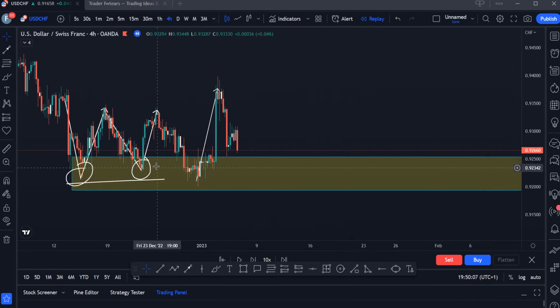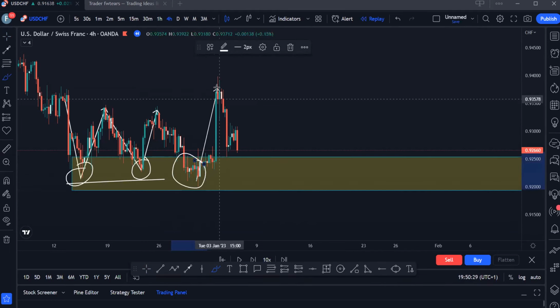You want to validate a support by looking at two touches in that zone first. Once you find two touches, that zone is validated. So at the third touch, at the fourth touch of that zone, you want to look for entry. You can see this is the third touch, right? And then price came back and went up.